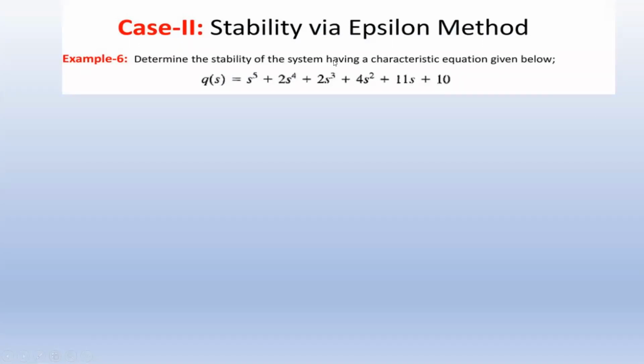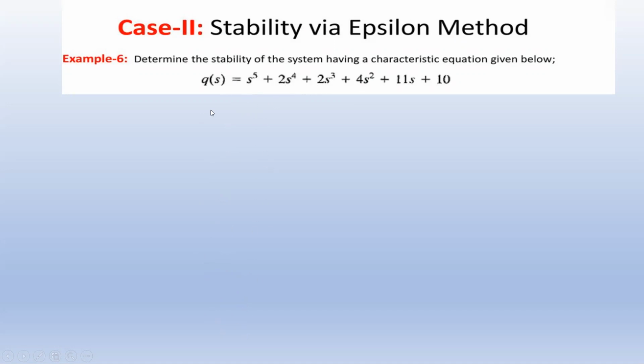Determine the stability of the system with the characteristic equation given over here. This is a fifth order characteristic equation. So let us make the Routh array by filling in the coefficients. We have s power 5, s power 4, s cube, s square, s power 1 and s power 0 in the Routh array.